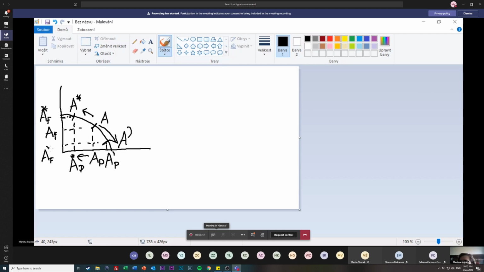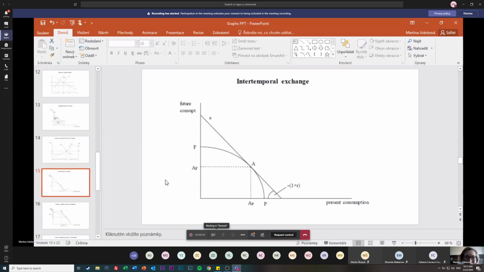It's clear that if I am giving money into the pension fund, I don't expect I get the same money. I will get more because of interest rates. Definitely, if you will pay off the mortgage, you will have to pay it inclusive of interest rates. So R is the real interest rate.